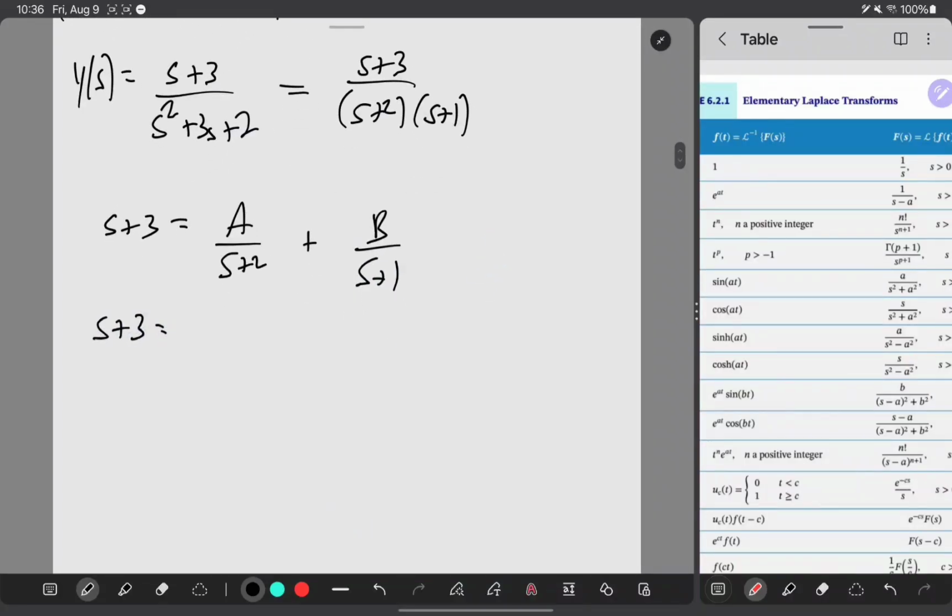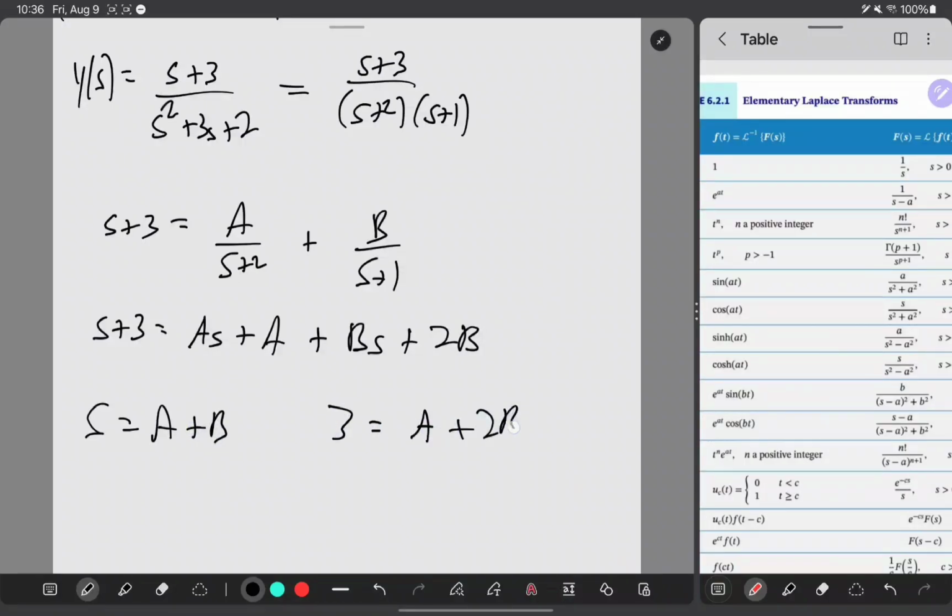S plus 3 is equal to AS plus A plus BS plus 2B. S is equal to A plus B. 3 is equal to A plus 2B.